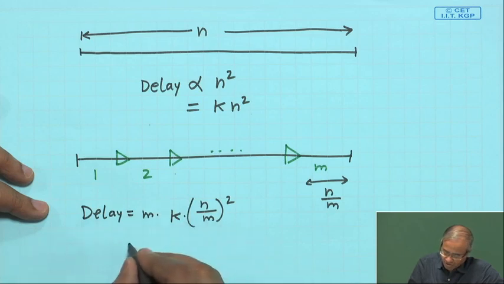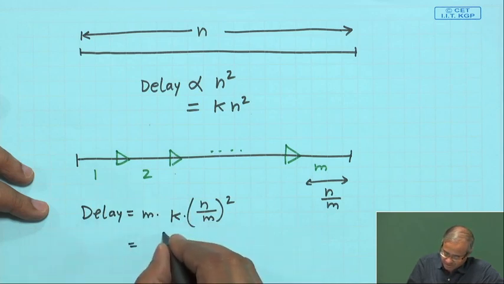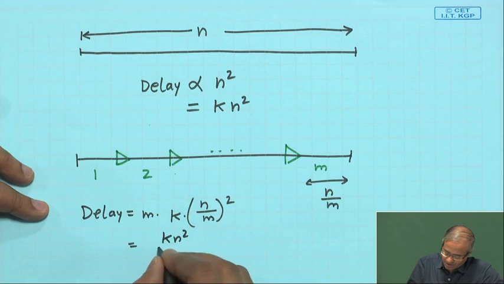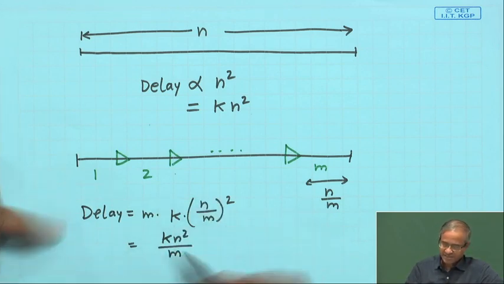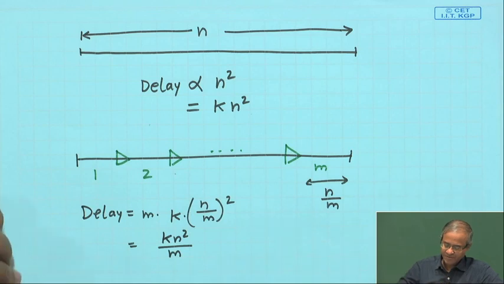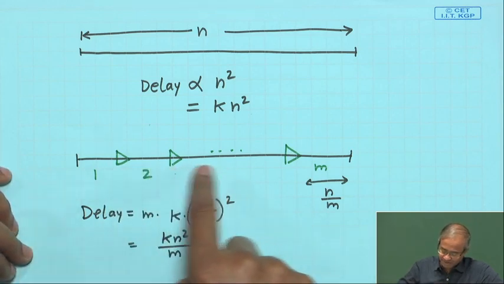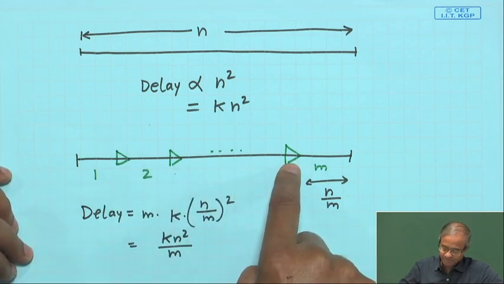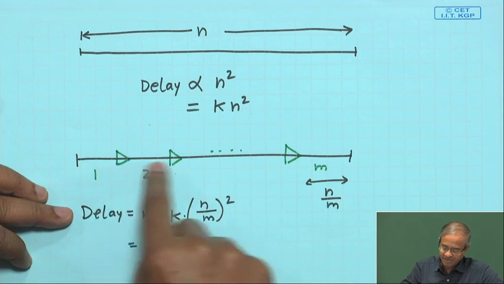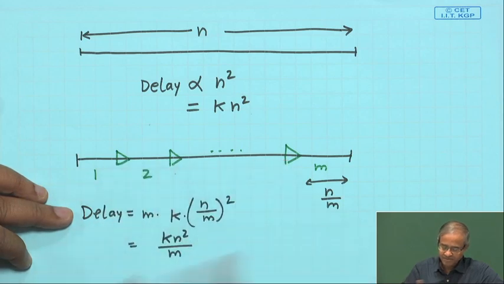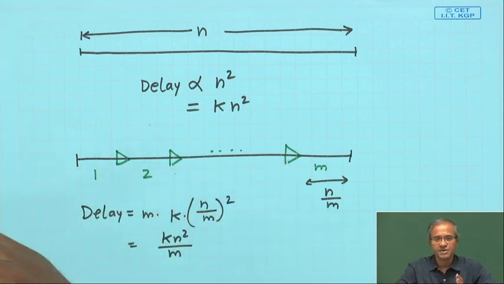If you make a short calculation, this becomes k n square divided by m. So, roughly the delay decreases m times, right. If you insert buffers in between, this is a nice way to reduce the delay. Of course, the price you are paying is some additional area for the buffers. This is a design trade-off you are making: you are investing a little bit of hardware to make the circuit faster.